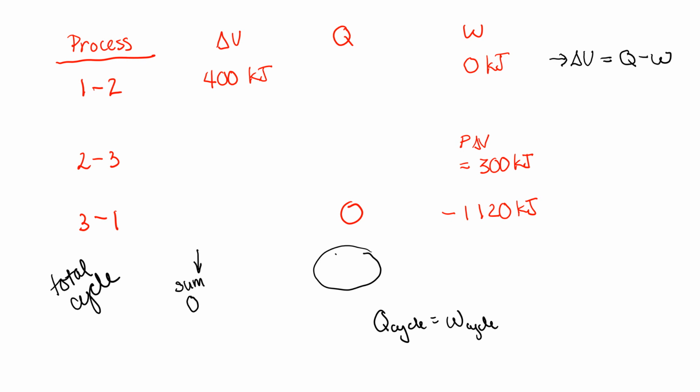Okay, so for this first process, the change in U is 400 kilojoules and no work was done. Therefore, the heat transfer also has to be 400 kilojoules.